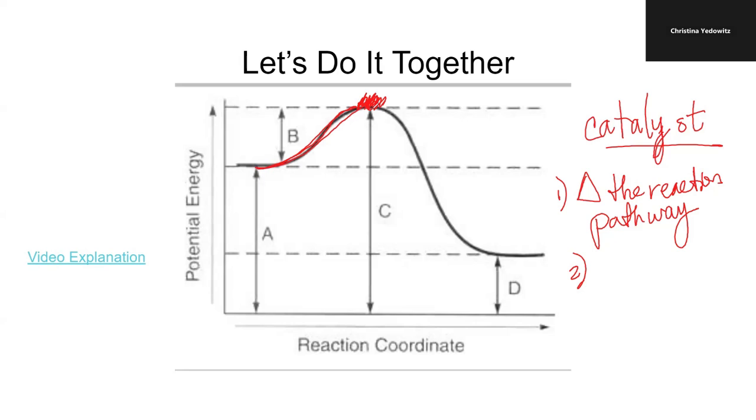Okay. So anything you can do to make this hill not so steep is going to make your reaction pathway easier. And so sometimes that will, to the observer, make it, or it will in reality make the reaction go faster. But what they're more interested in is that you understand why it's happening. It's happening for the second reason: it lowers the activation energy.